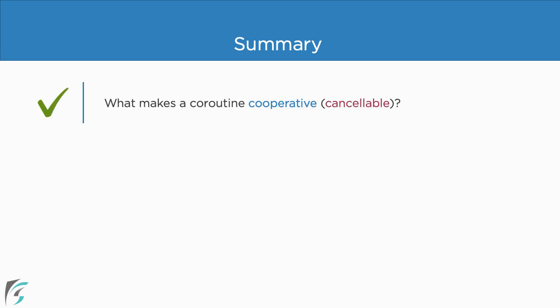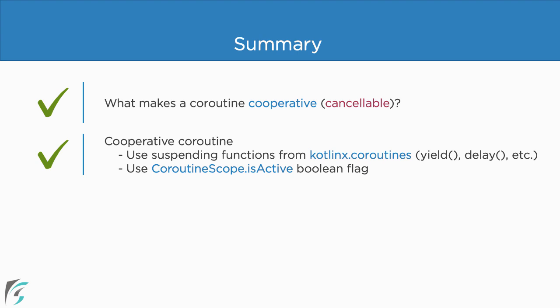So yes, finally we have reached the end of this video. This was a pretty long video, so let us get a big picture of what we learned so far in this video. Initially we learned what makes a coroutine cooperative, that is cancelable. Then we explored two ways to make a coroutine cancelable. First, by using a suspending function within the coroutine, such as delay or yield functions. Then second, by using the isActive boolean flag.